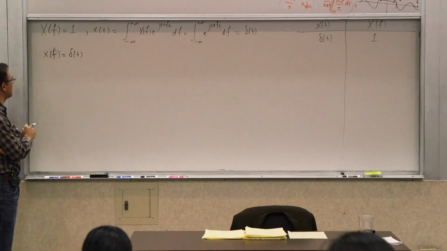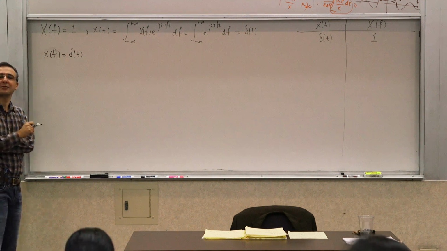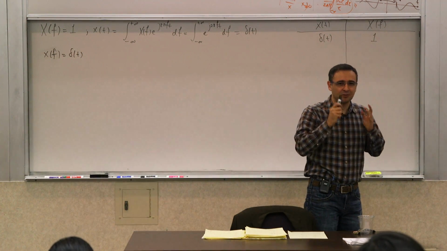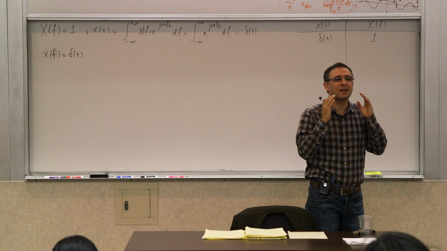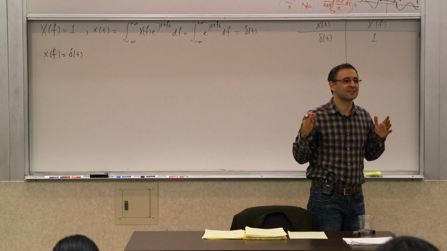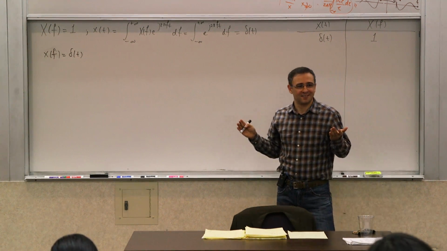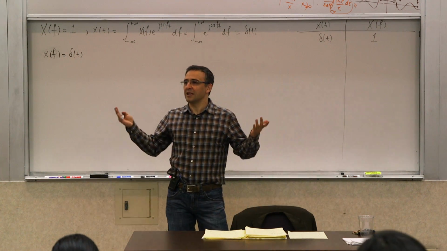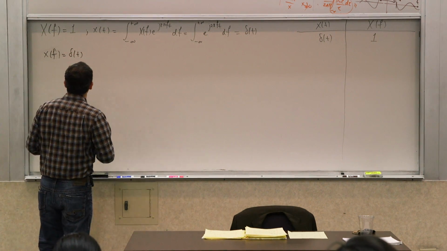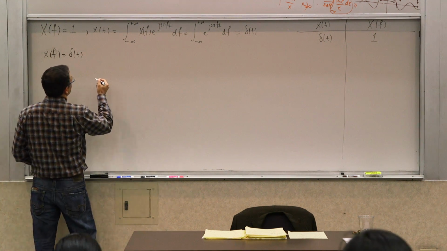So what if x of f is delta of f? Before we do this calculation, let's see what it means. The spectrum of something has only energy at frequency 0. What do you expect that to be? What is the thing that has only energy at 0 frequency and nothing else? A constant, right? Something that has no variations will have only energy at DC, right? There's no fluctuation. So we already know what the answer is. The answer is 1, and you can easily see that, right?